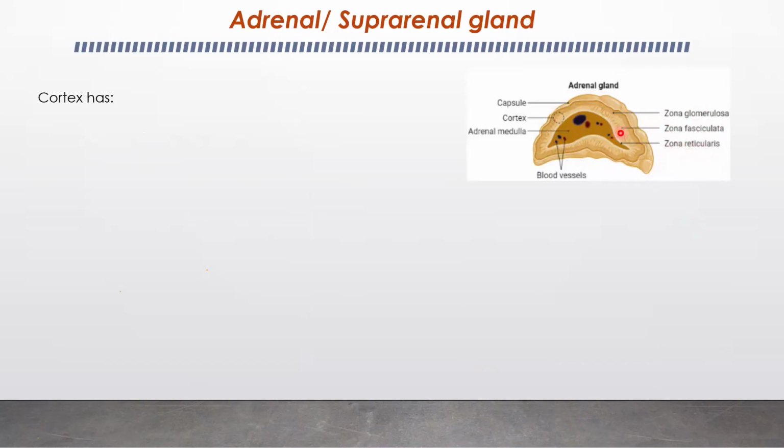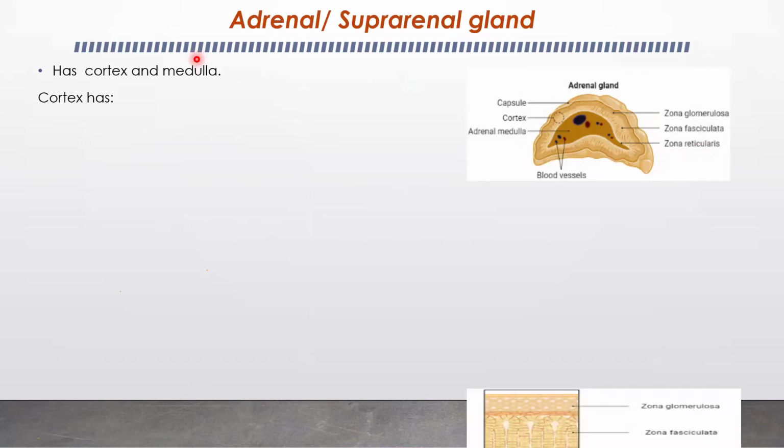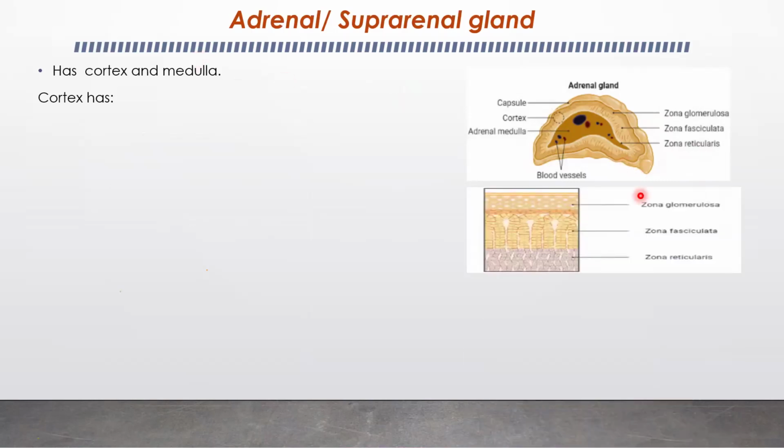And then, despite the adrenal gland having the cortex, it will also have a medulla. And this medulla produces the catecholamines. So it has a cortex and a medulla, and the cortex has three layers.